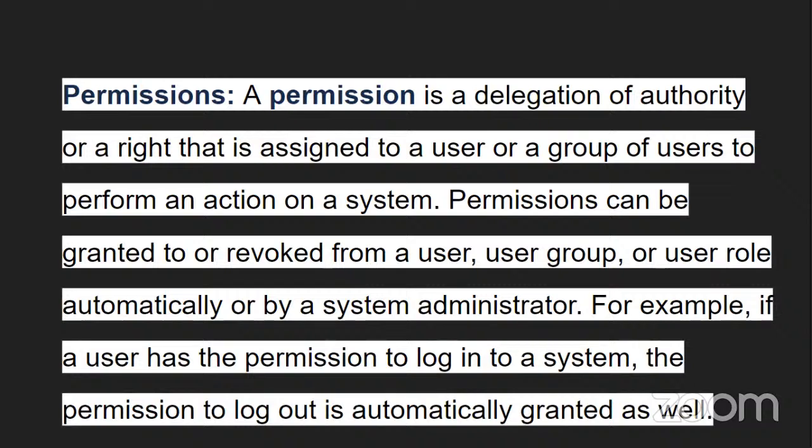Also, even when you log in, if you don't have a certain role, maybe a VIP member or a paid member, and you're not granted the permission, you still cannot use certain aspects of the website. This is what permission does.